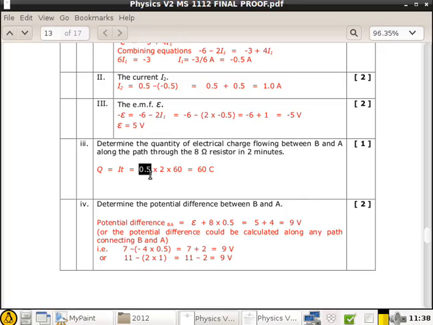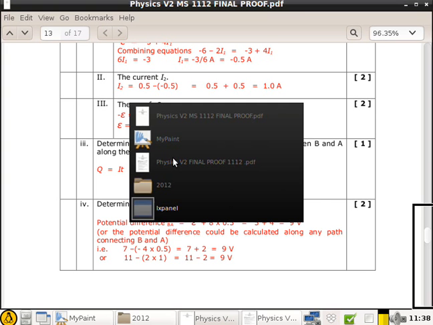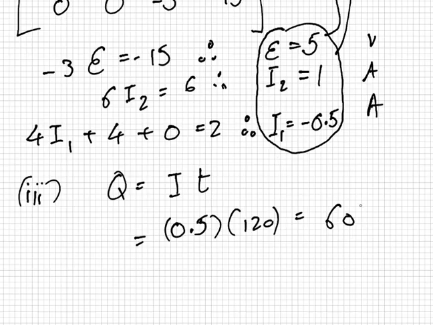Oh, yeah, now I see it. They wrote the time as 2 times 60 instead of just 120. Okay. Right, that's fine. Q equals IT. Coulombs. All right, and the last part.